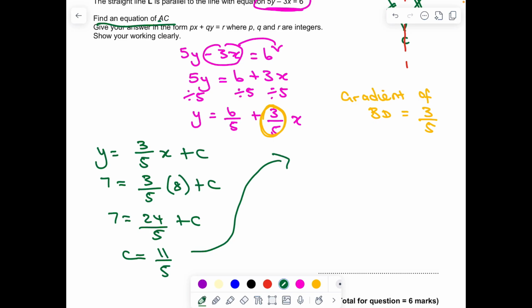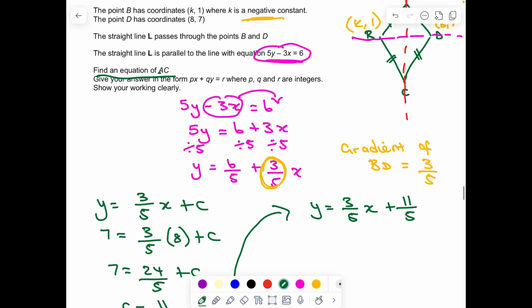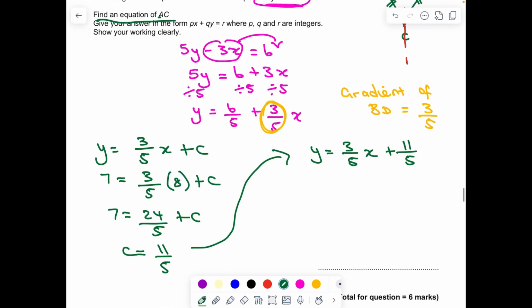So then carrying on here, so I don't run out of room, it shows me that my equation is 3/5 x plus 11/5. So then in order to find out what k is, I'm going to substitute in y equals 1.